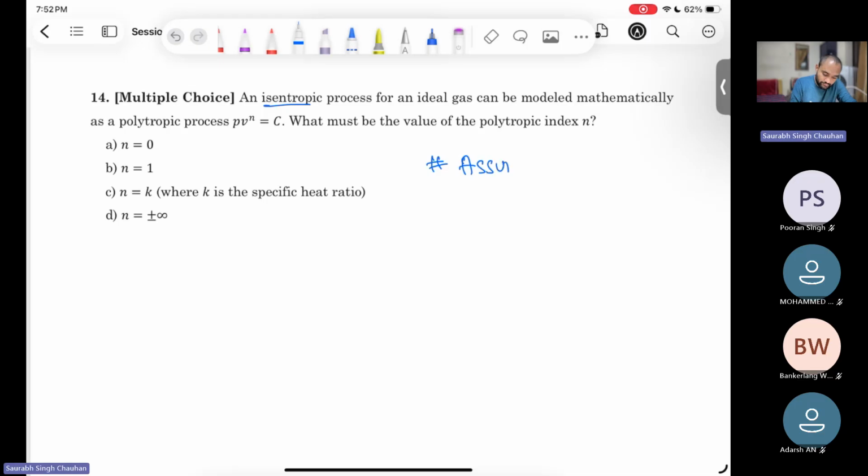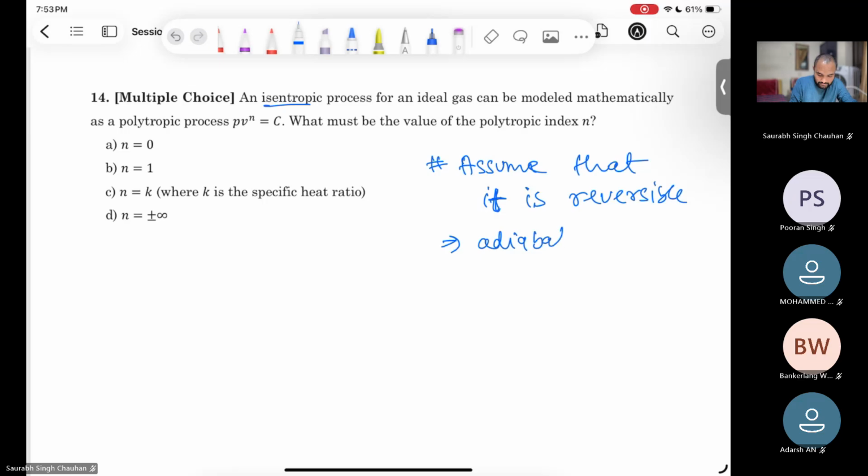If we assume that it is reversible, so it has to be adiabatic. So PV to the power n is equal to C. That means n has to be Cp by Cv.